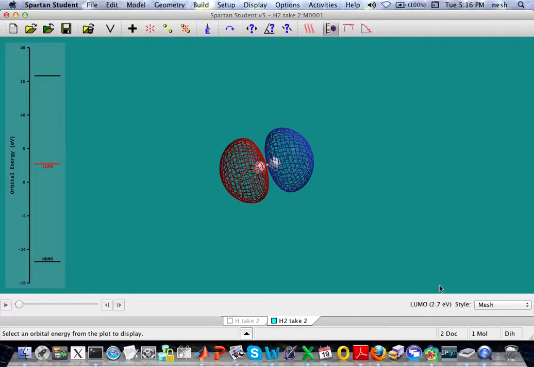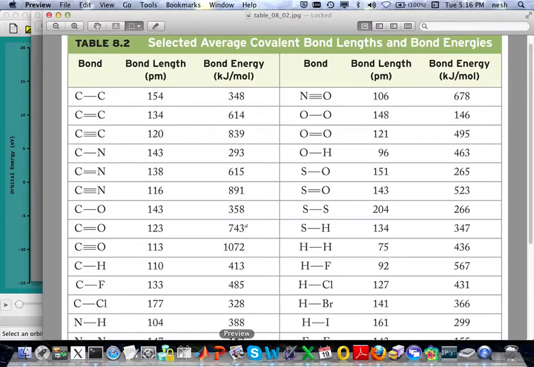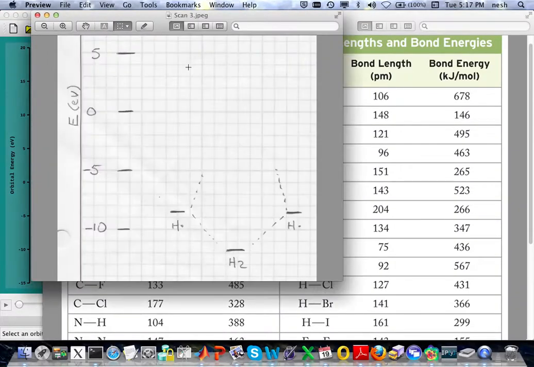So the last thing that I want you to do on H2 is to build a molecular orbital diagram. And I've kind of started it here for you, just so you can see what I want you to enter into your laboratory notebook or your computational notebook. You remember that the energy of the 1s orbital for the hydrogen atom was about minus 8.6 eV, so I put up a scale of eV here, and there it is at minus 8.6, and so is the other hydrogen atom.